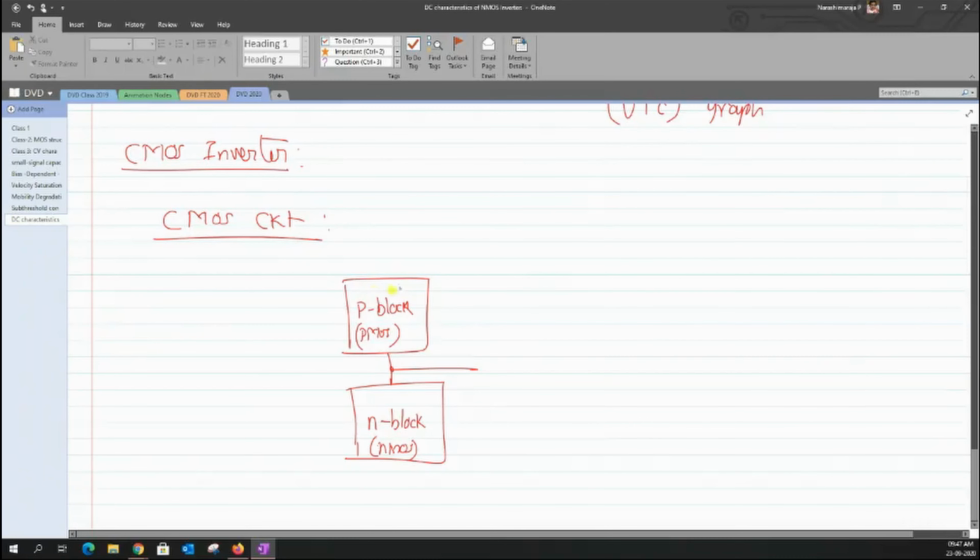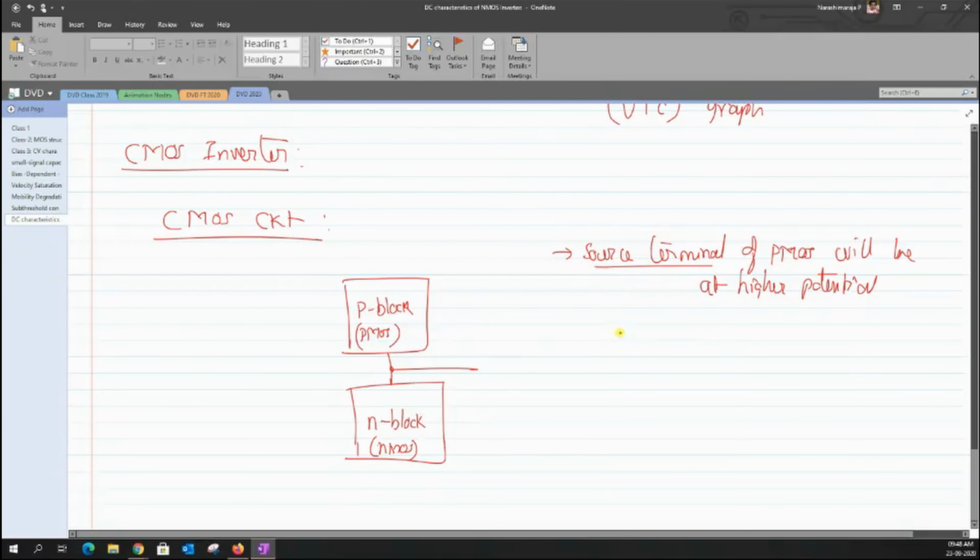And in general, the source terminal of PMOS will be at higher potential. When you compare the source terminal with respect to the drain, the source has to be at higher potential than the drain terminal.